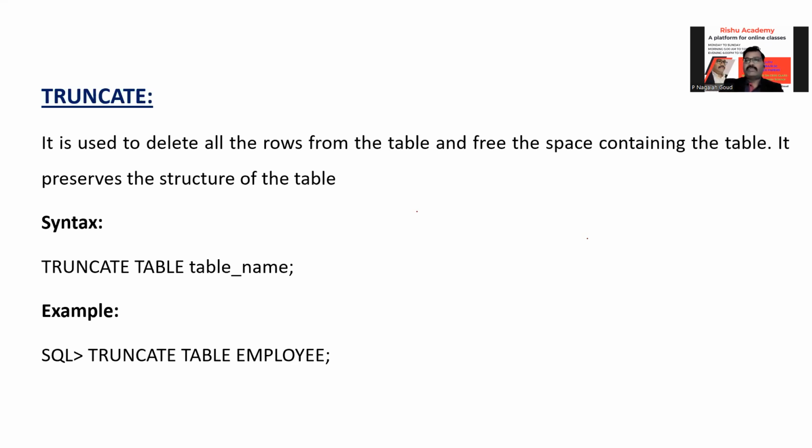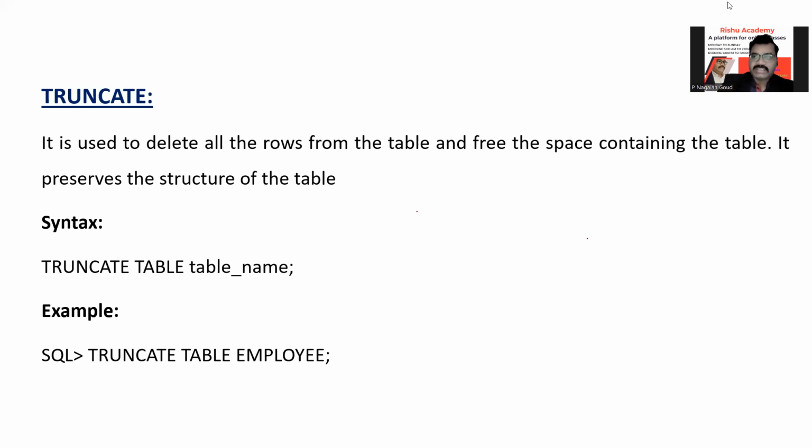There is a command called rollback. Rollback helps us to cancel the previous transaction, right? So if you remove the records of a particular table by using the truncate command, you cannot roll back the transaction. You cannot restore the records. That is the problem with truncate.